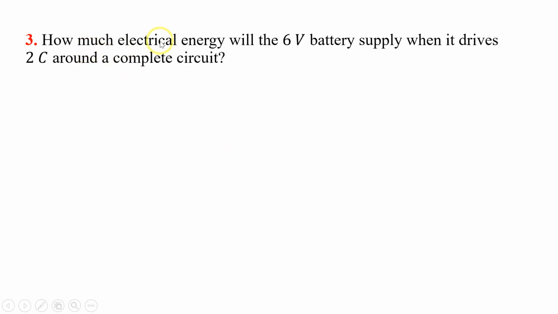Question number 3. How much electrical energy will a 6 volt battery supply when it drives 2 coulomb around a complete circuit? So how much energy is required for the 6 volt battery to drive 2 coulomb of charge around a complete circuit? The voltage is given, the charge is also given, and you need to find the energy.